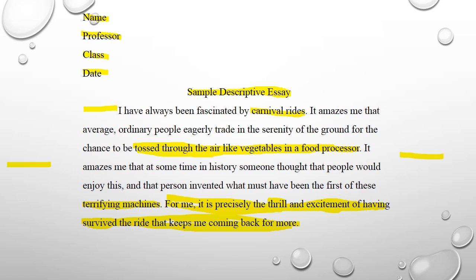Okay, I've already said to you before that I am a stickler for thesis statements, so if you look at this last sentence here, of course he has his thesis statement there, and it says, "For me, it is precisely the thrill and excitement of having survived the ride that keeps me coming back for more." Here he tells you about the thrill and the excitement and having survived the ride, and the fact that he comes back for more.